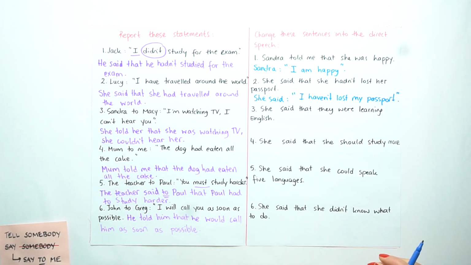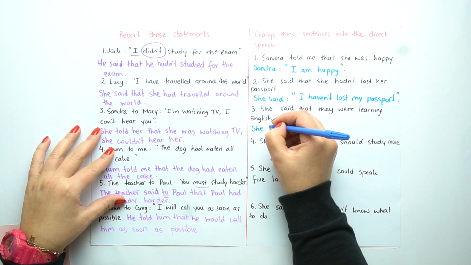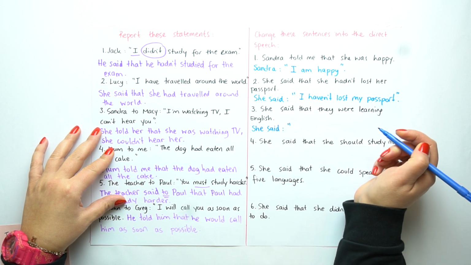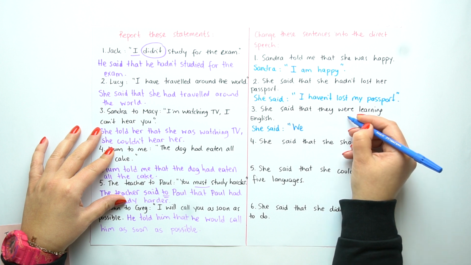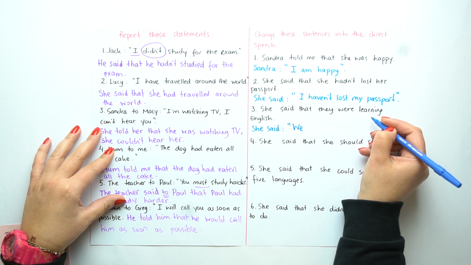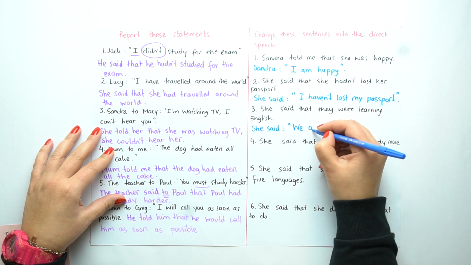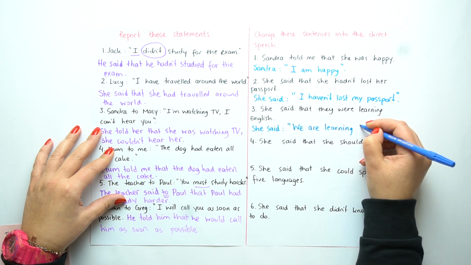She said that they were learning English. Again, she said, quotations, well, this is past continuous tense, so originally it has to be present continuous tense, right? We are learning English.